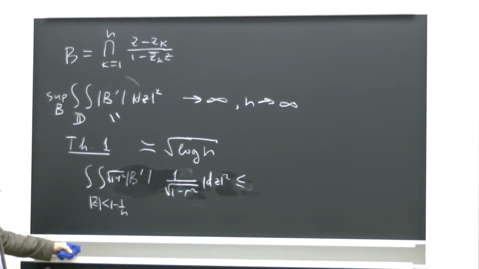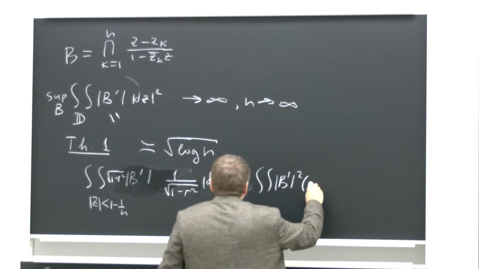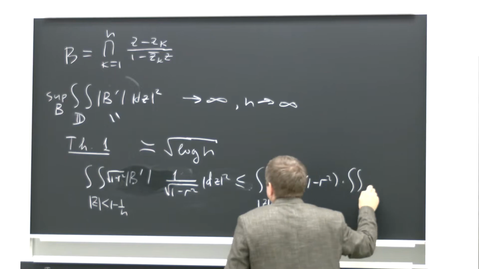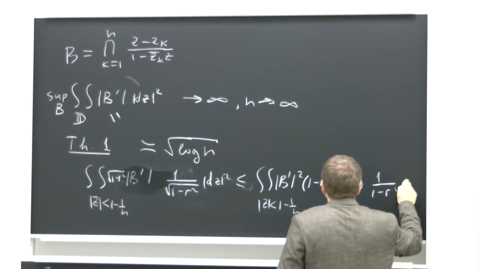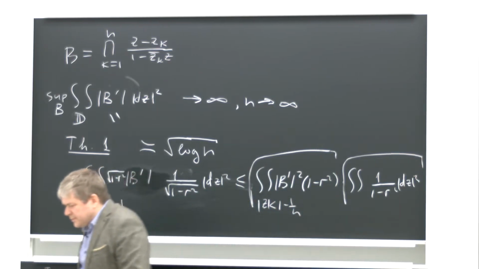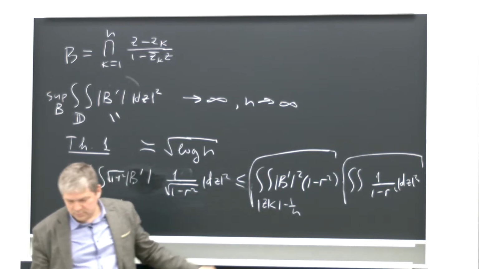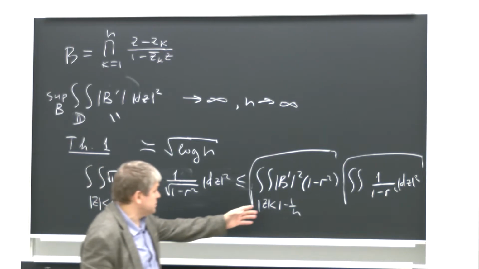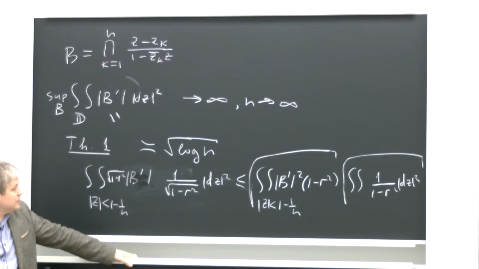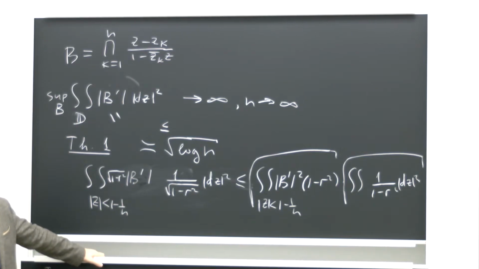Then just applying the Cauchy-Schwarz inequality, we see that this integral is bounded, even in the unit disk, not only on this domain. This gives us exactly this logarithmic behavior, the square root of log n. So this shows that we have this estimate.